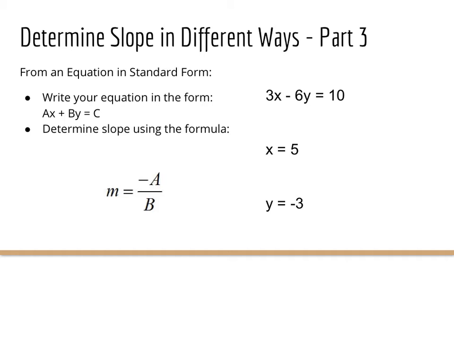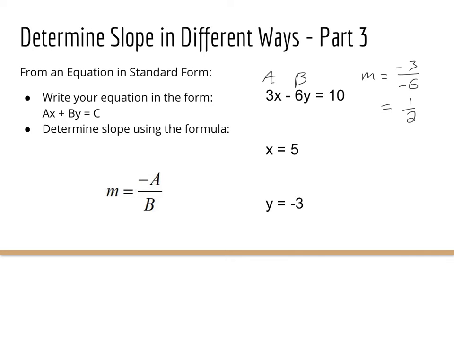So in my first example, 3x minus 6y equals 10. My 3 is my a, and my negative 6 is my b. So when I try to figure out the slope, negative a is negative 3 over b is negative 6. And negative 3 over negative 6 just reduces to 1/2. So without doing any other calculations or graphing, I found right away my slope is 1/2. Really, really convenient.